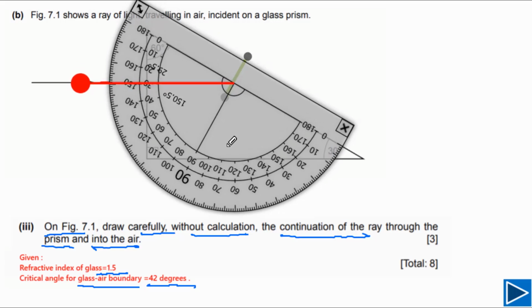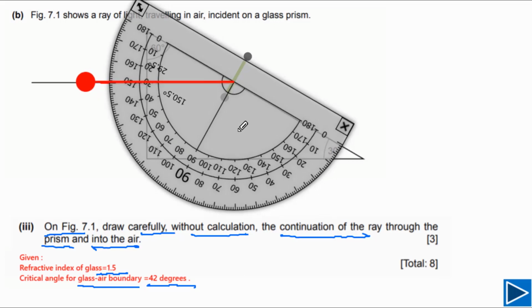Let me place this one here. So you can see here, this is about 60 degrees. This angle of incidence is 60 degrees and this is greater than the critical angle. So it simply means that the light will be totally internally reflected. The angle of reflection also has to be 60 degrees.